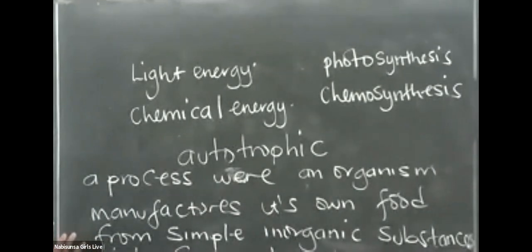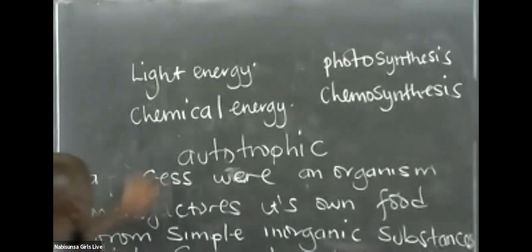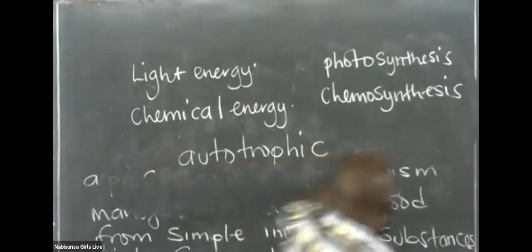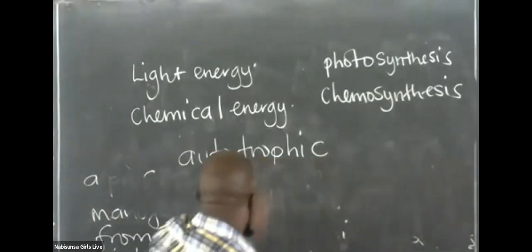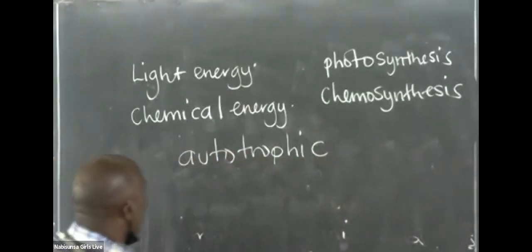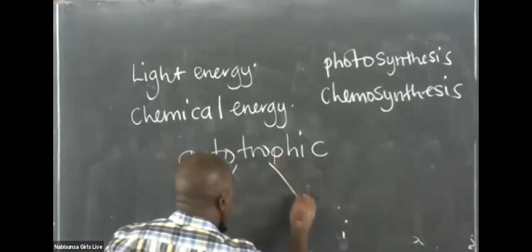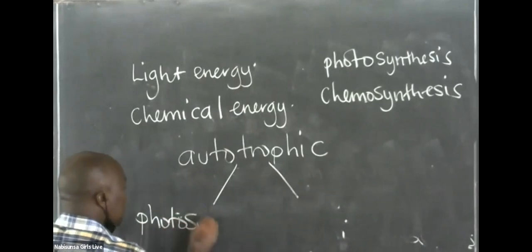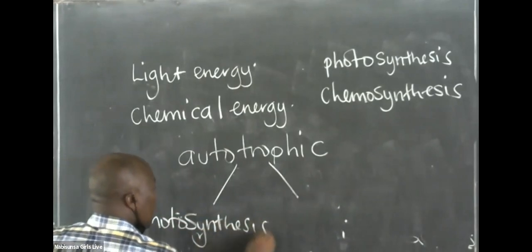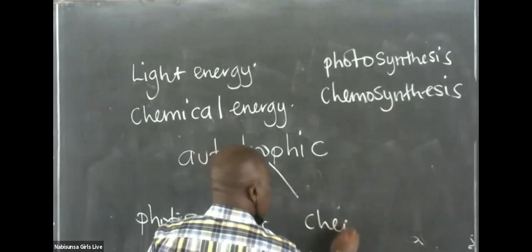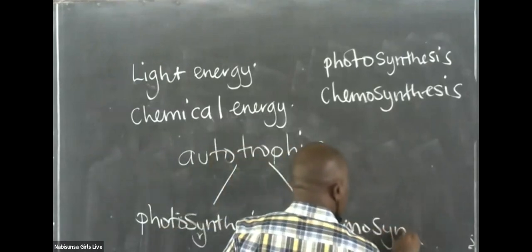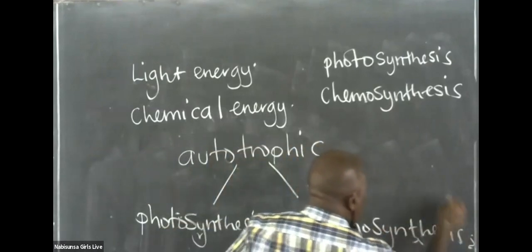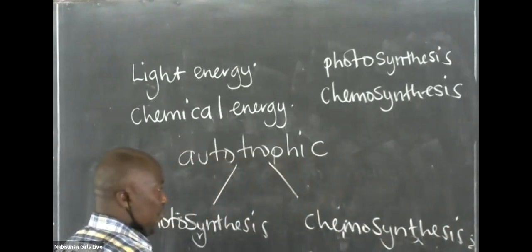And if they're utilizing the chemical energy, that form will be called chemosynthesis. So I can remove this here, and then I will divide this here, and I will say photosynthesis, and then chemosynthesis. So that's what we have already.